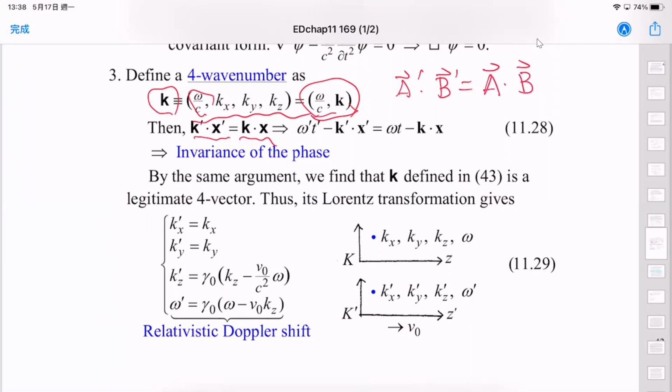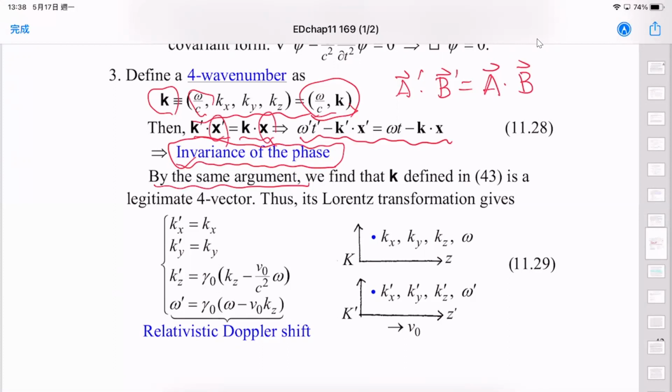So the same conditions. That's the invariance of the phase. The phase from different inertial frames should be the same. By the same argument, we know this is four-position here.